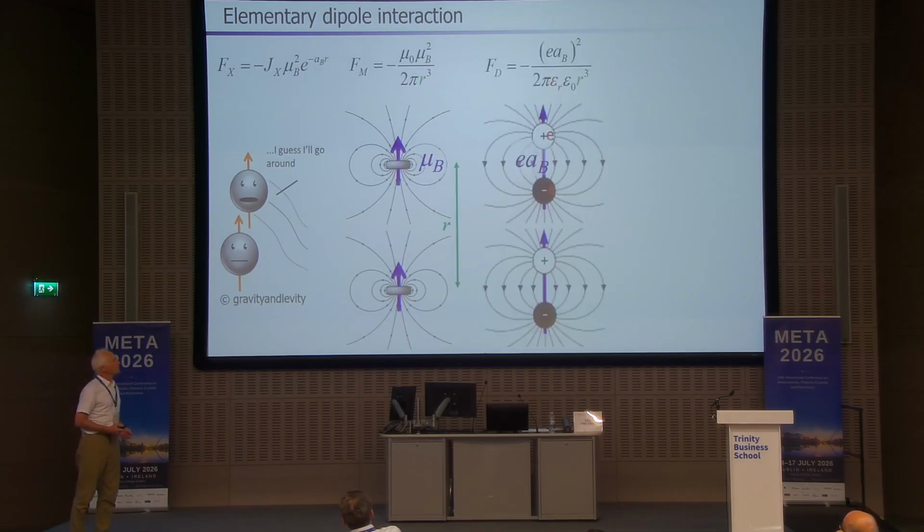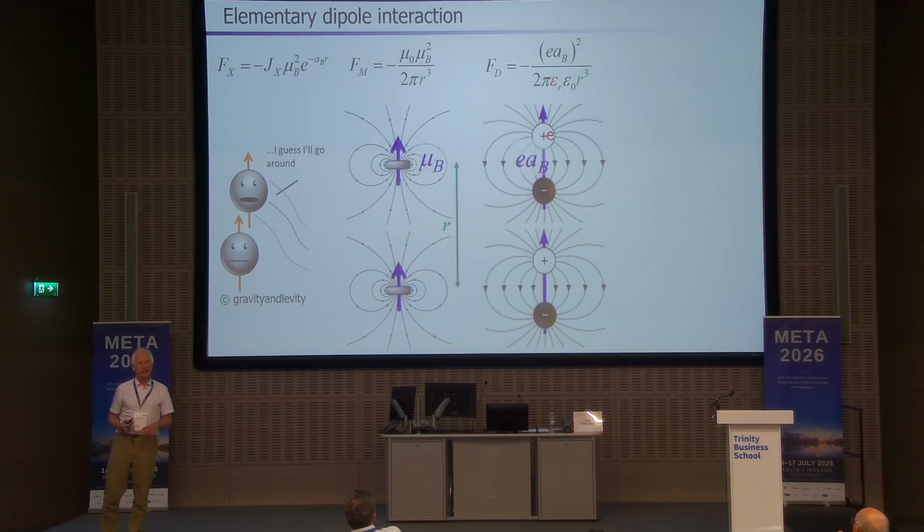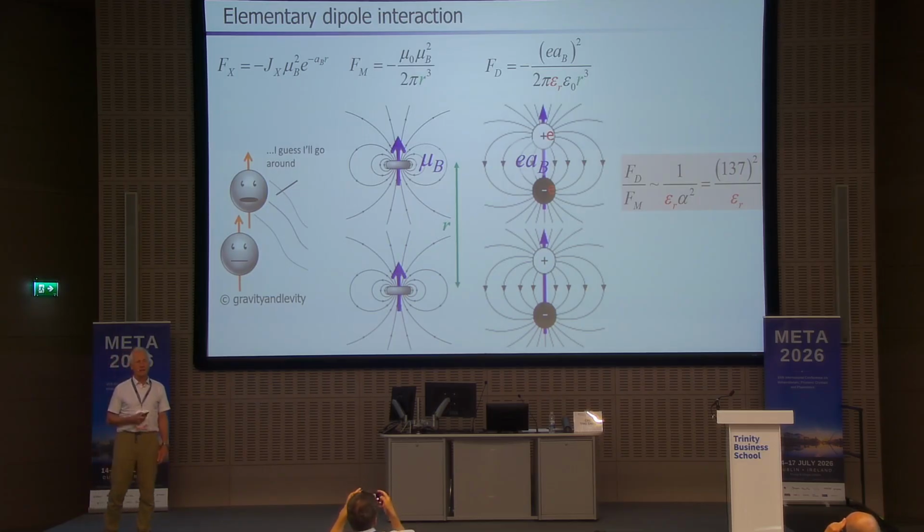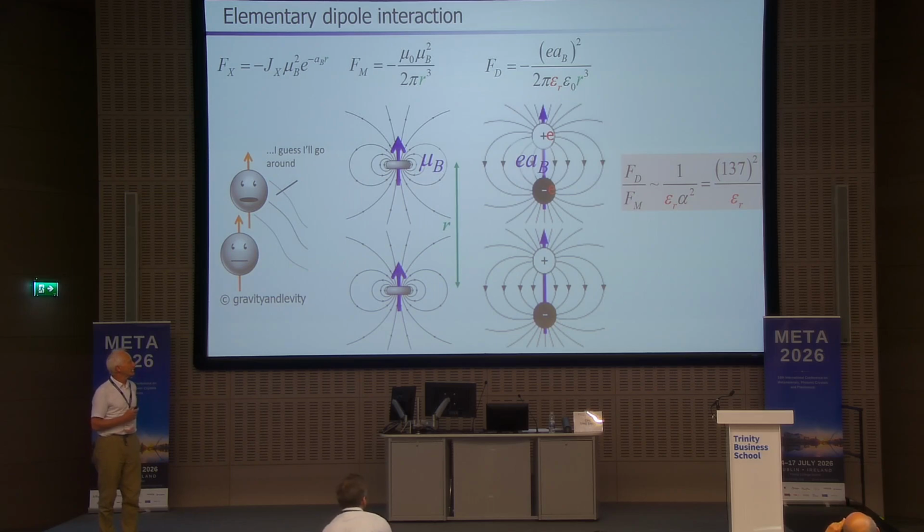Now, electric dipoles do not have an exchange interaction, but they do have an electric dipole-dipole interaction, which is much stronger than that of the magnetic dipoles. If you calculate this ratio, the electric dipole interaction is about 1,000 times larger than the magnetic dipole interaction, and it is very often the reason that ferroelectricity exists.